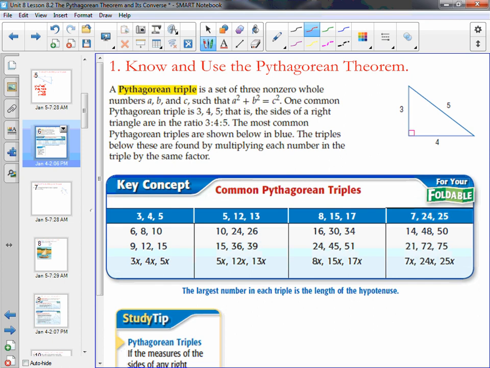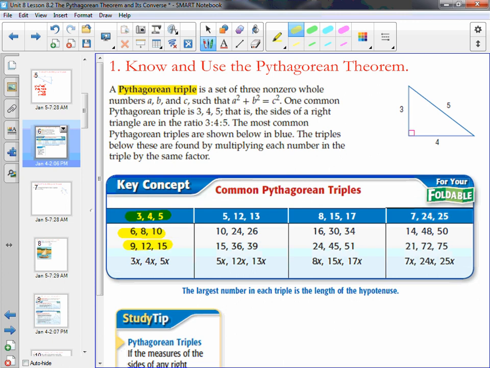Now, they kind of want you to memorize these, and I don't think that it's really worth memorizing, but it is worth knowing. And some of them you do need to memorize just because they come up so often. We've talked earlier in the year about 3, 4, 5. 6, 8, 10 is actually a multiple of 3, 4, 5. If you take 3, 4, and 5 and multiply them all by 2, you get 6, 8, and 10.